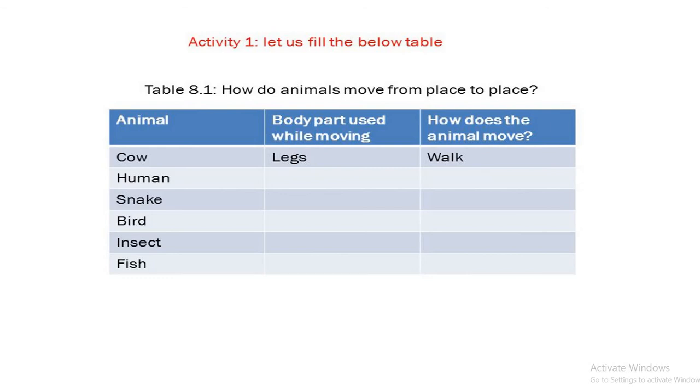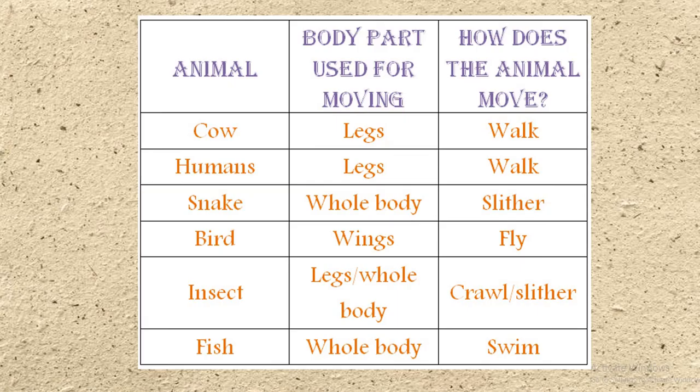Okay, let us now see what are the answers which you have written down. For humans, we have already talked, it's legs and humans walk. For a snake, the body part is the whole body and the snake slithers. For a bird, it is wings and birds fly.